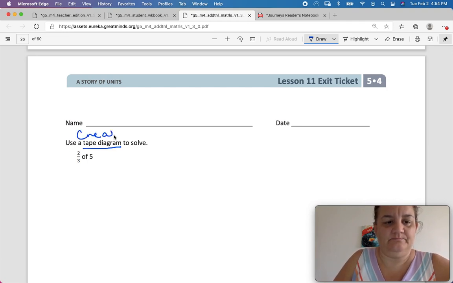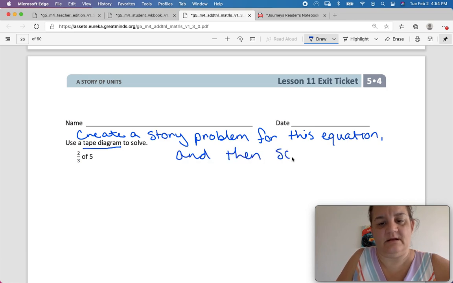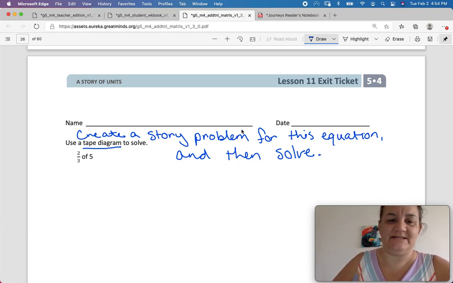Create a story problem for this equation and then solve. Okay, there, that's so much better. Sorry to have to do that to you. You guys thought you were going to get out easy, but you are not. Create a story problem for this equation and then solve.